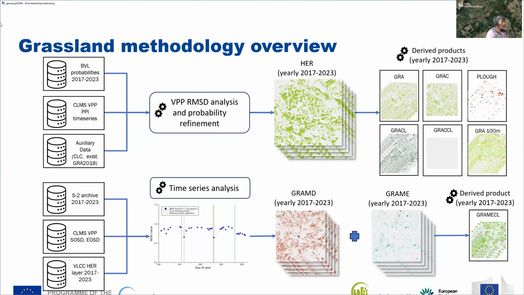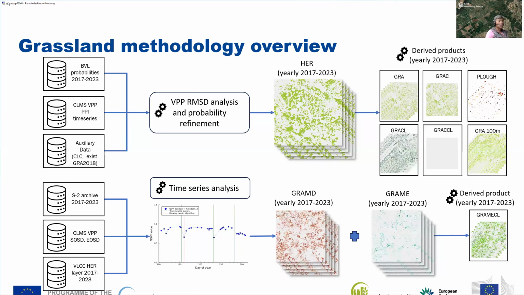The probabilities will then be tuned by dampening the probability of selected classes using this additional data to eliminate false positives, and also to harmonize probabilities between the yearly layers to reduce rapid changes. Then the threshold is applied to all years to determine these binary layers.